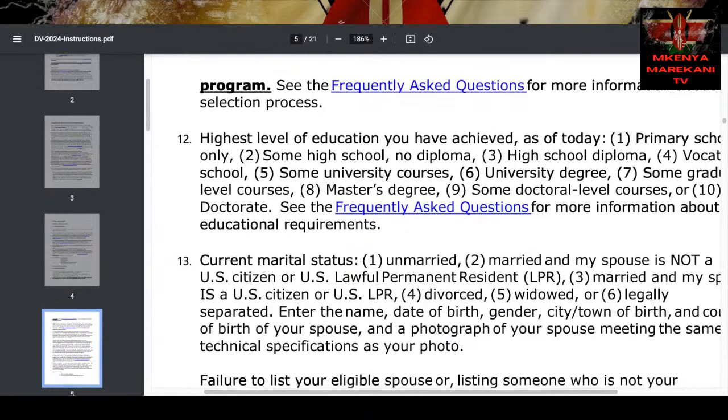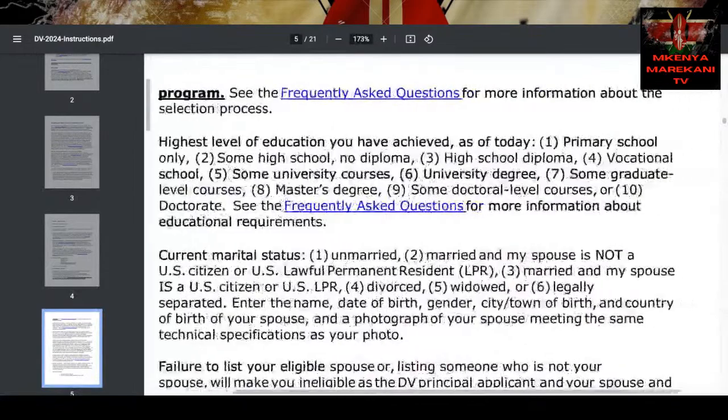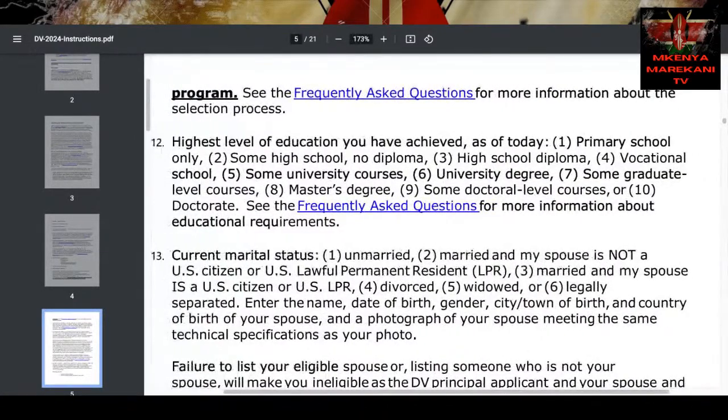So we are here on the highest level of education. This is very simple, because you just know where you fall. If you did primary school, just check primary school. If you did primary school and some high school, just write some high school, no diploma.